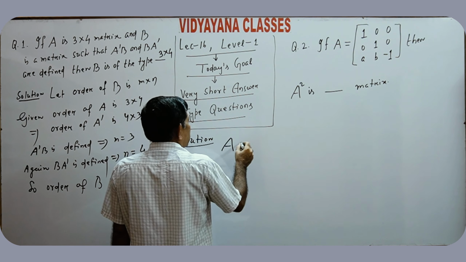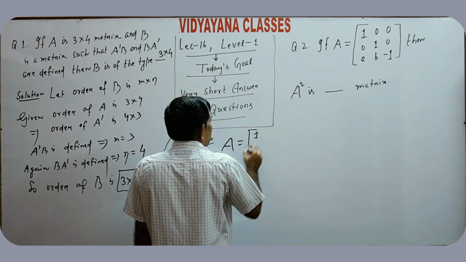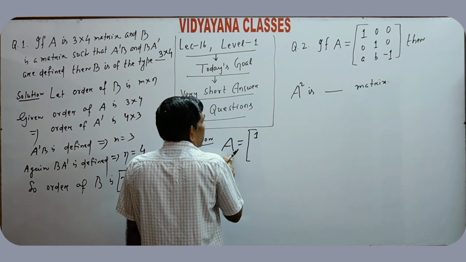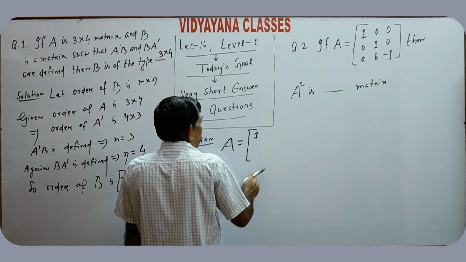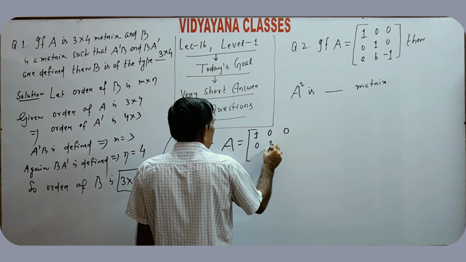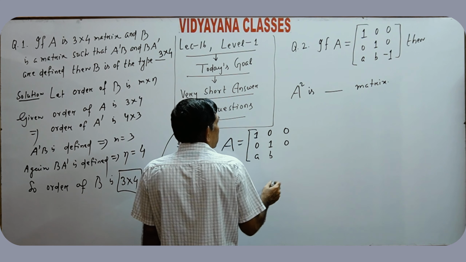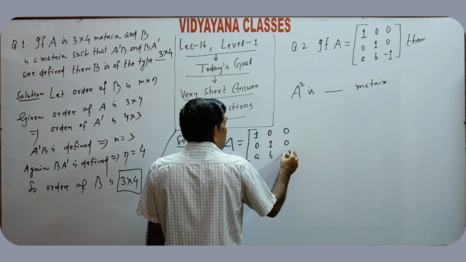Capital A is given by the matrix having elements 1 0 0, 0 1 0, A B minus 1.